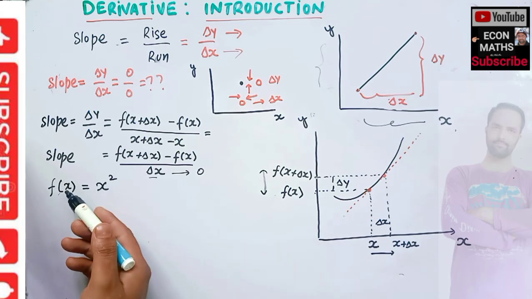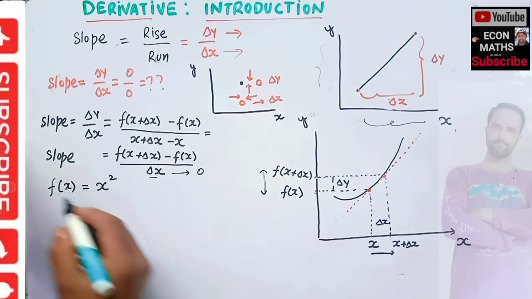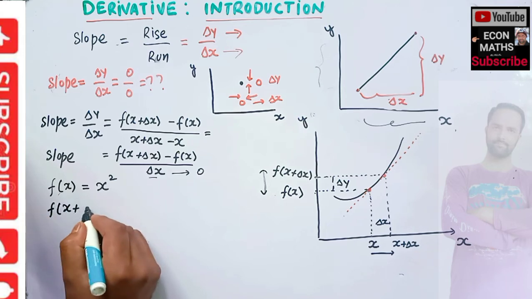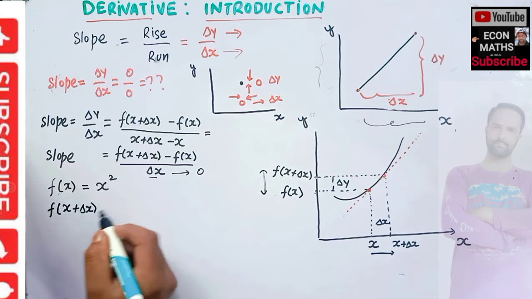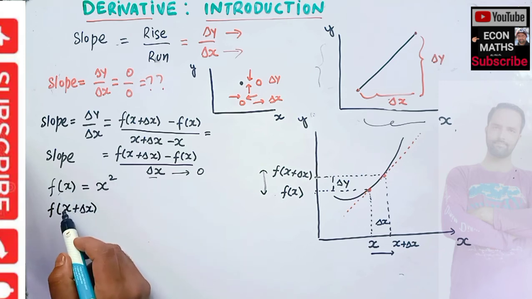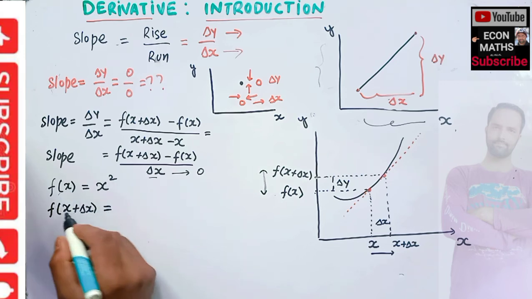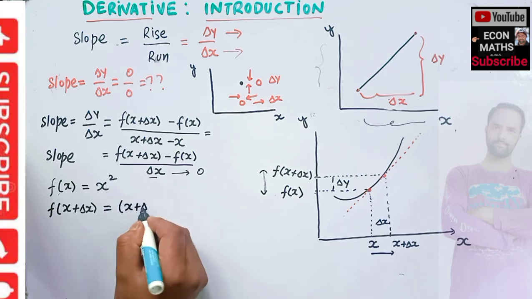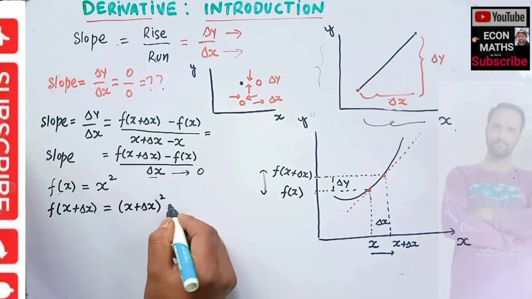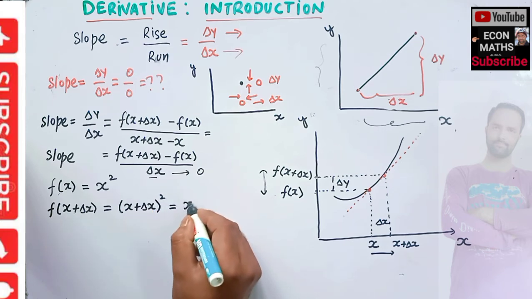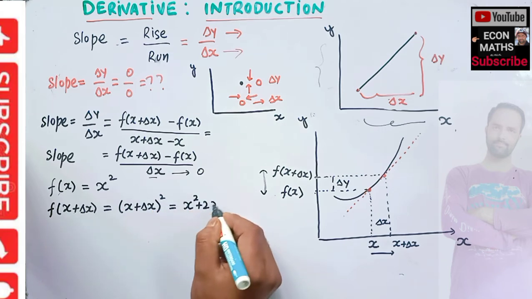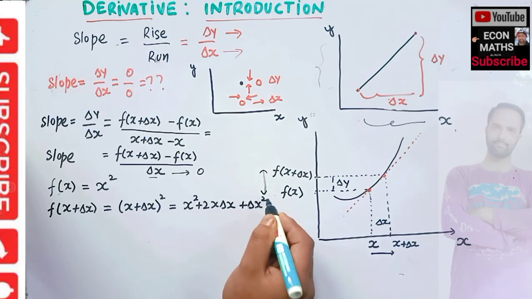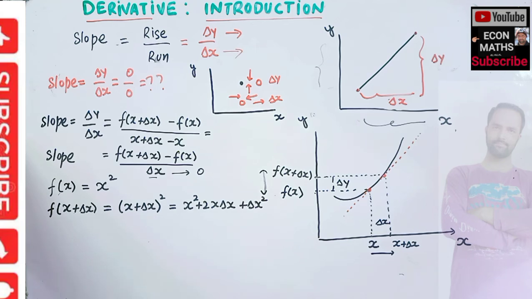Now we change x from x to x plus del x. Then f of x plus del x will obviously be equal to x plus del x whole square. Simple thing, let us solve this. It becomes x square plus 2x del x plus del x square, using a plus b whole square.